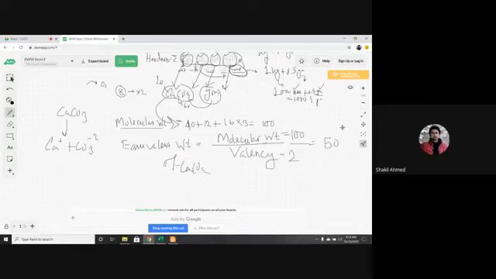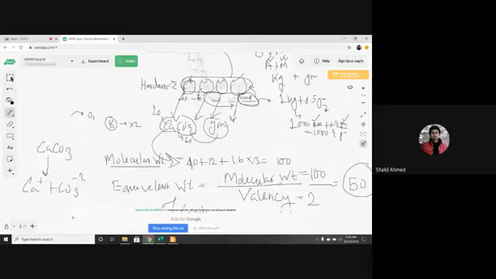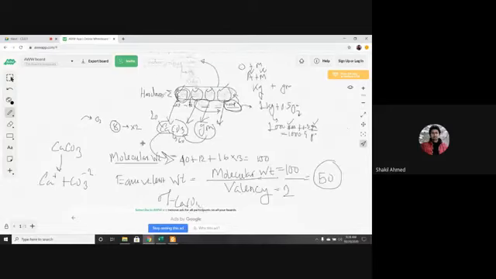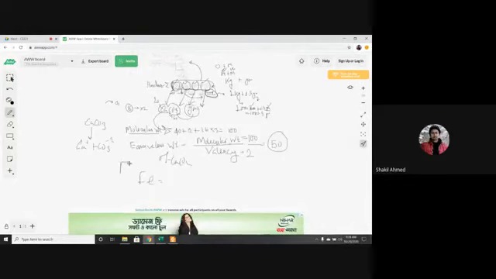The equivalent weight of calcium carbonate is 50. Similarly, what is the equivalent weight of iron? The molecular weight of iron, what is it, guys?